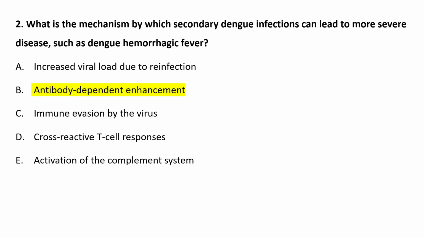When the body is exposed to a different strain of the dengue virus, these antibodies can enhance viral entry into the host cell, particularly through the Fc receptors. This results in an increased viral load and more severe disease, such as dengue hemorrhagic fever and dengue shock syndrome. So this is mediated by antibody dependent enhancement, and it can happen on a secondary dengue infection.